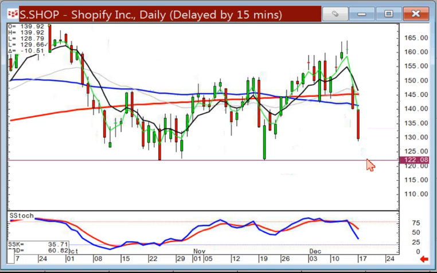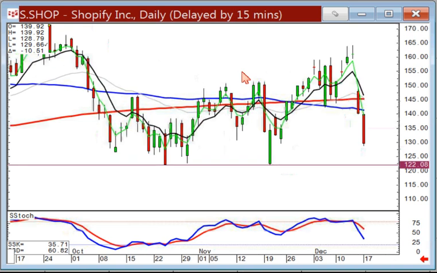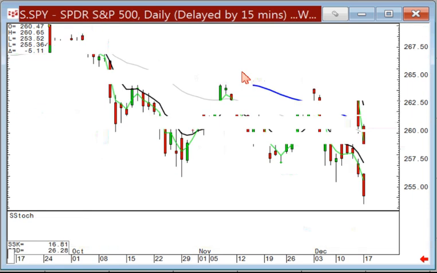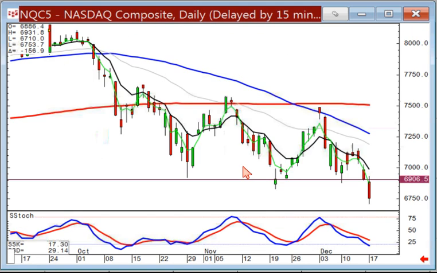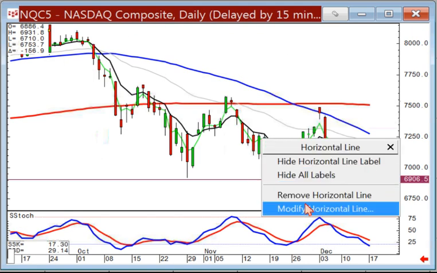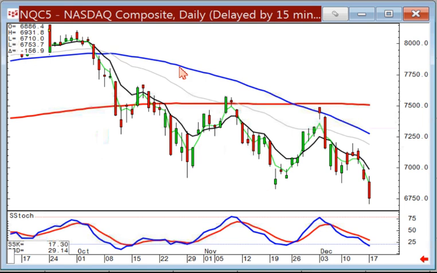So if we see it hit this level, let me go back to the one today that could conceivably have hit a support level, the NASDAQ.